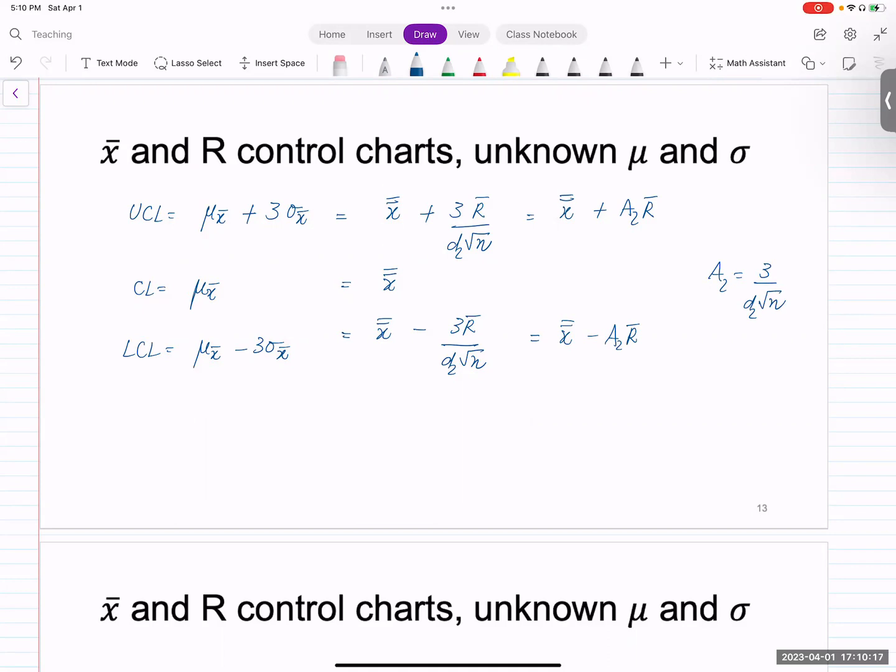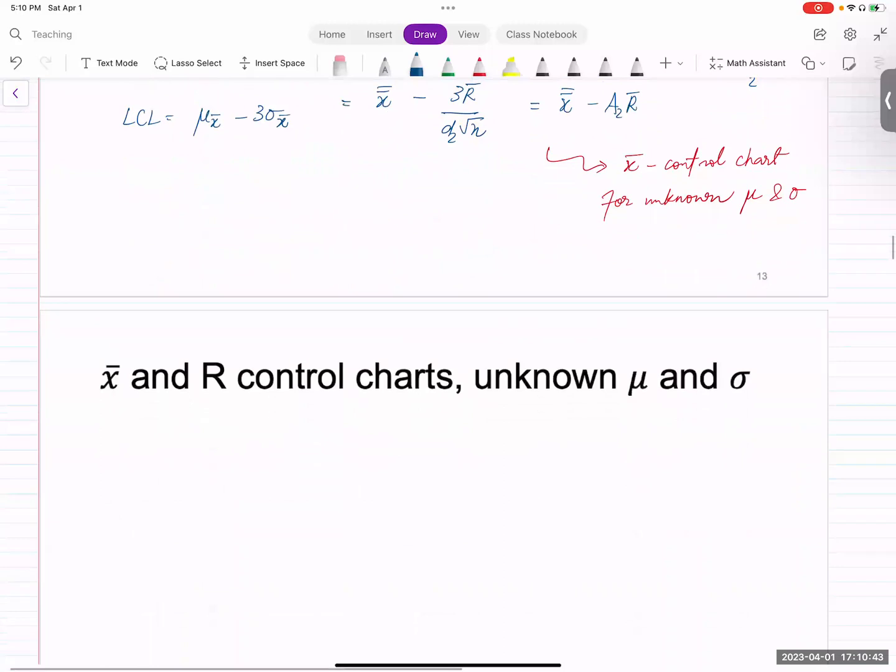Again, A2 is available in your appendix 6. So this is your x bar control chart for unknown mu and sigma. Okay, so we have done one part of it.